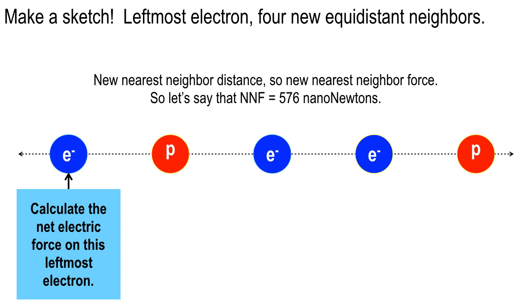Now the new nearest neighbor distance is a little bit smaller, so the nearest neighbor interaction, actually the interaction between any nearest neighbors, if they're all equally spaced and all either a plus or a minus of the electron charge, is going to be 576 nanonewtons.